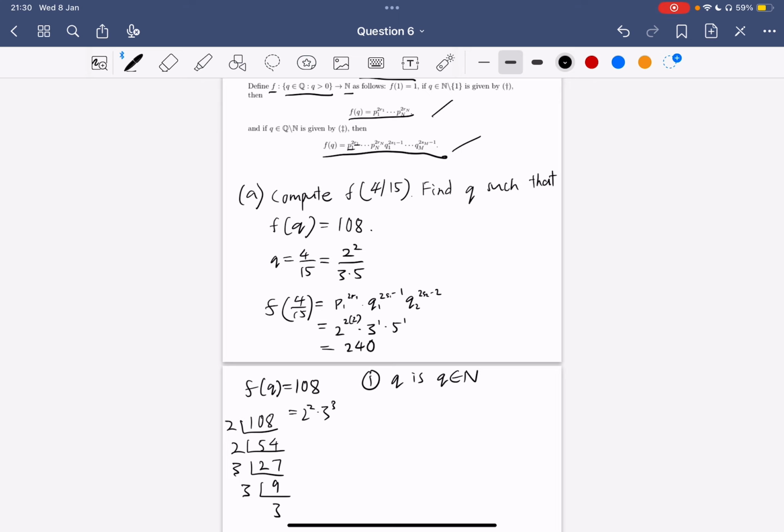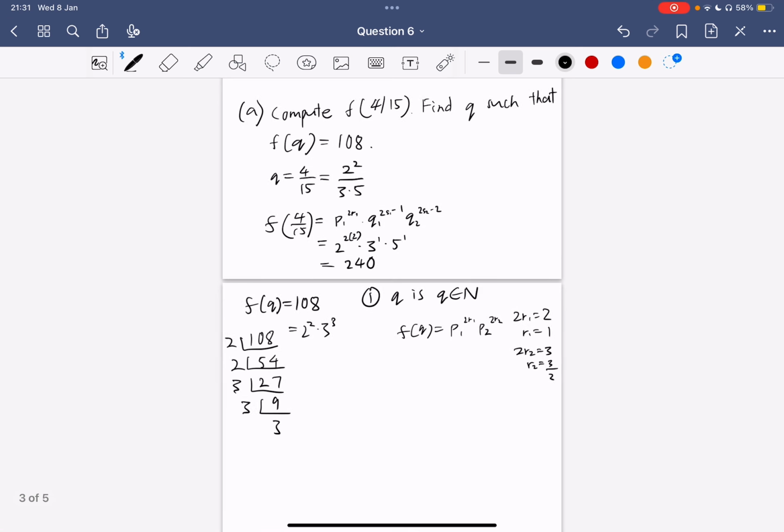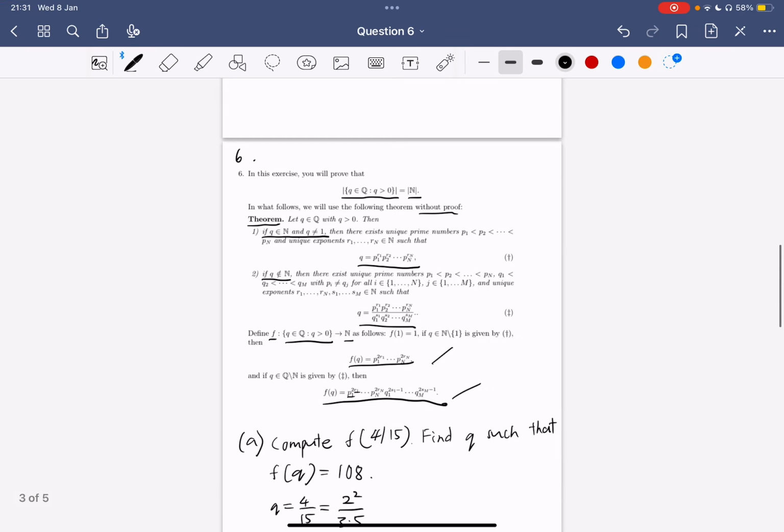In the case that it's the first one, f of q would be given by this, thus q cannot be a natural number because r2 has to be a natural number, right?